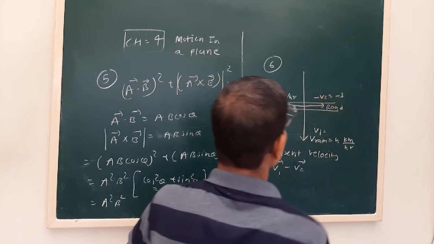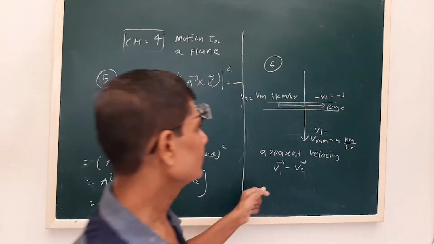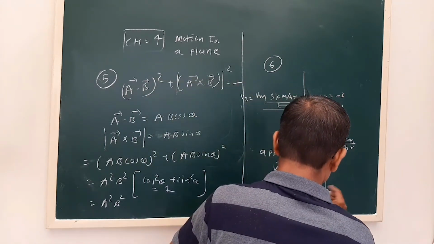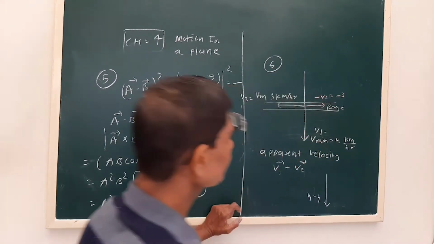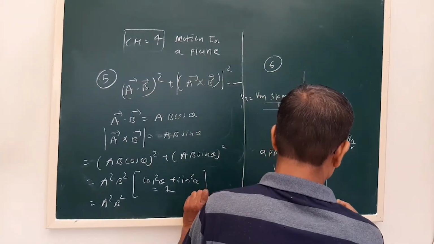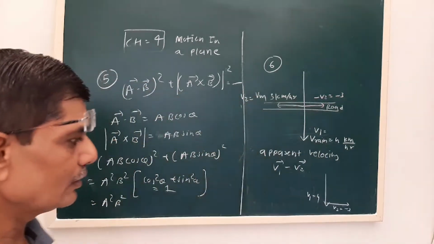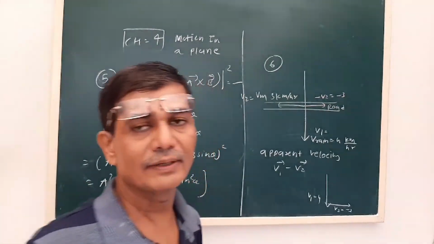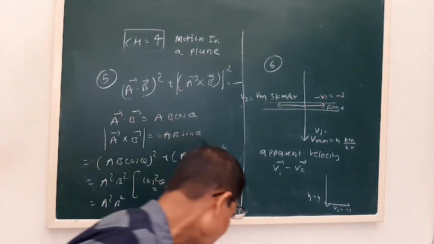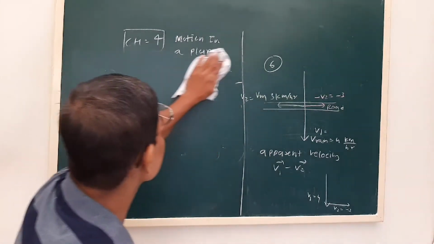Now we have to find out the resultant. Again the triangle: head of the V1, tail of the V2. Now we can use the formula R is equal to under root A square plus B square plus 2AB cos theta.